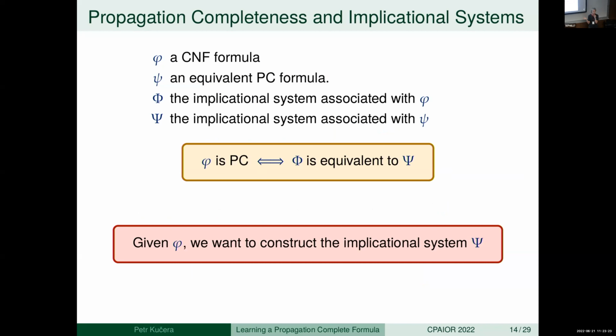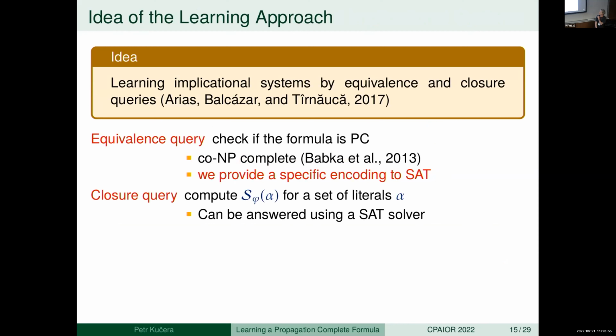If you have two propagation complete formulas that are equivalent, then they define the same semantic closure operator, and therefore also the unit propagation closure operator. So in this case, we want to simply learn the implicational system that is associated with the semantic closure operator. And that's nice because for learning implicational systems, there is an algorithm.